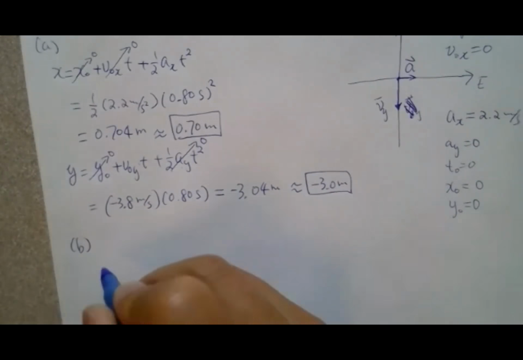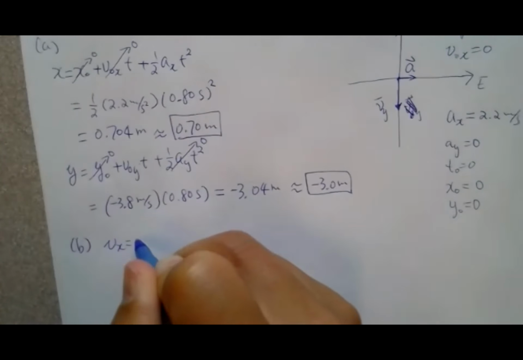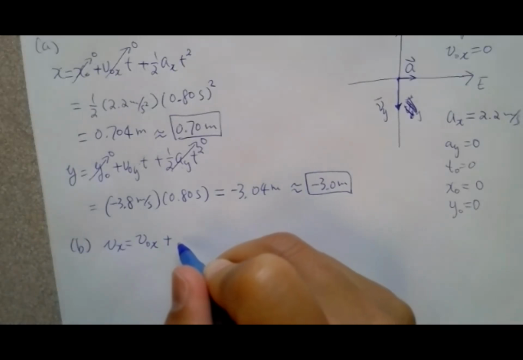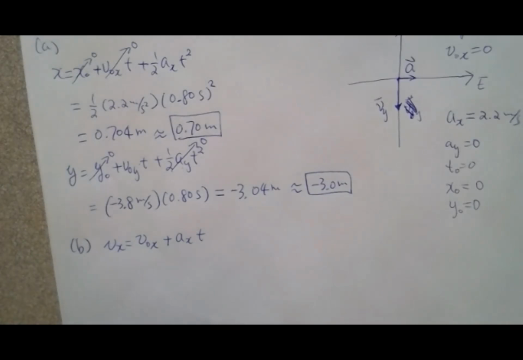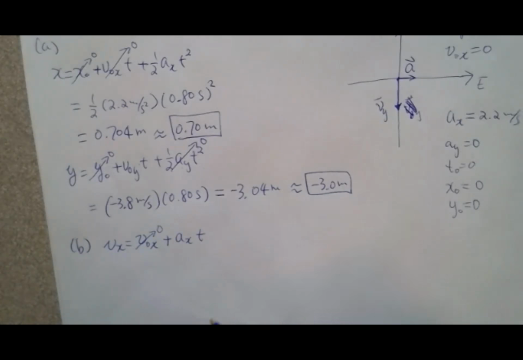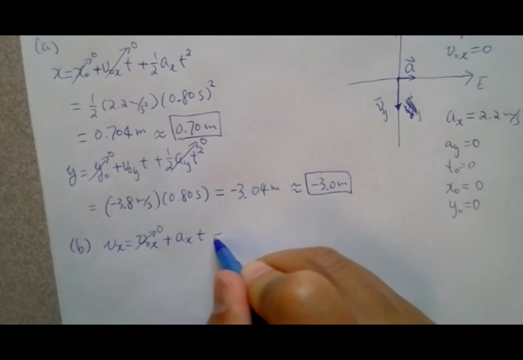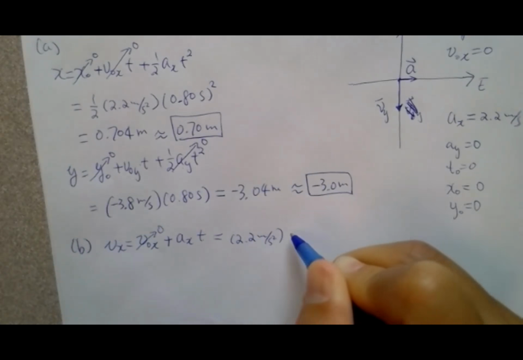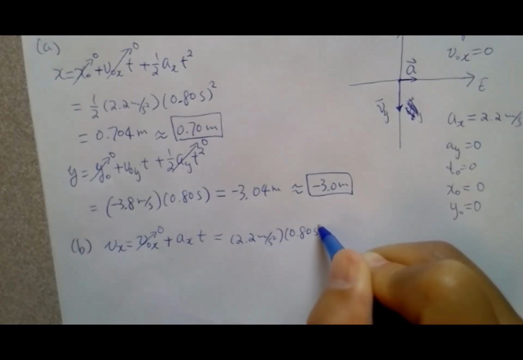Okay, so then you're looking for Vx equals V0x, the initial velocity in the X component, plus ax times t, okay? So again, initially V0x is 0, so then you only have the second term, which will be 2.2 meters per second squared times 0.80 seconds, okay?